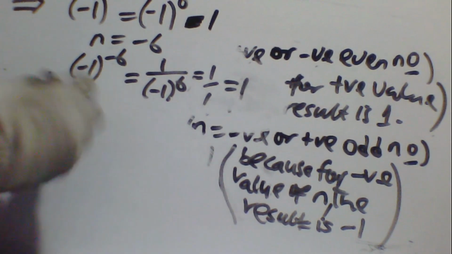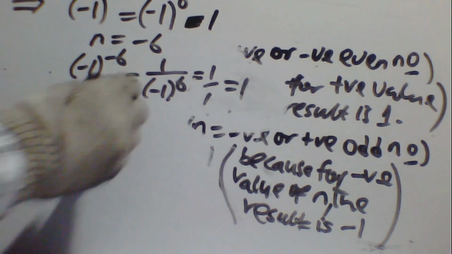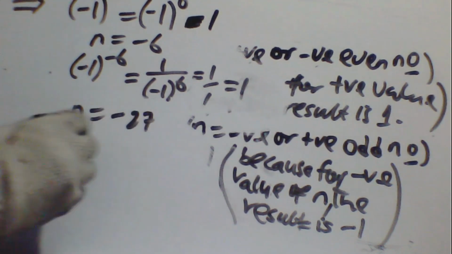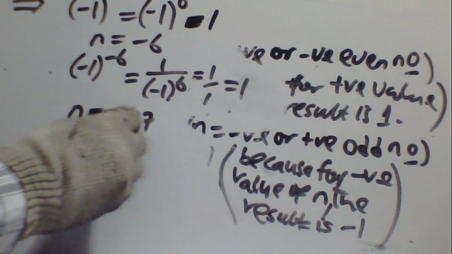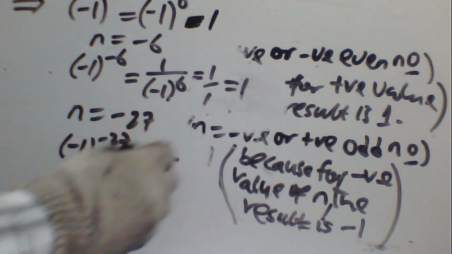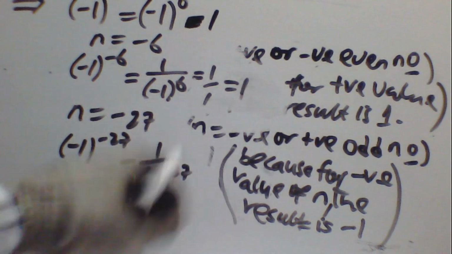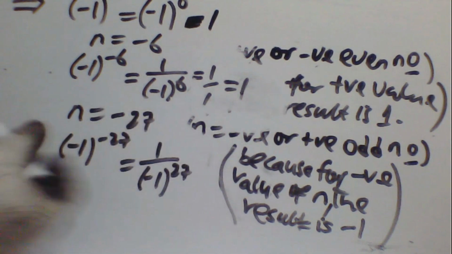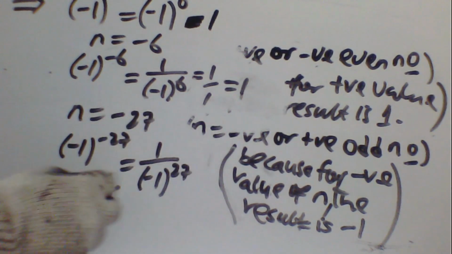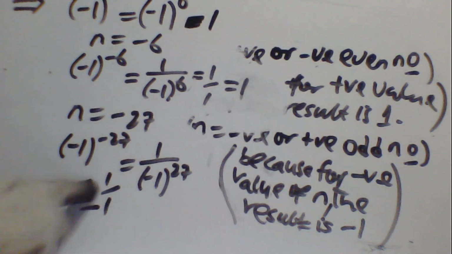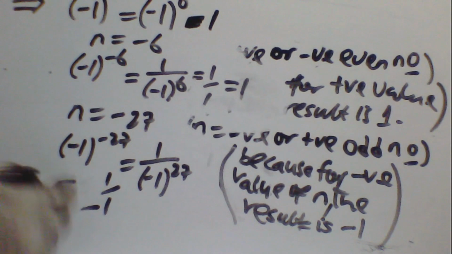So in this case, if n is equal to minus 27, we have minus 1 raised to power minus 27, and this will give us 1 over minus 1 raised to power 27, and 27 is an odd number. We have 1 over minus 1, because we say that when it is raised to the power of an odd number, the result is equal to minus 1.